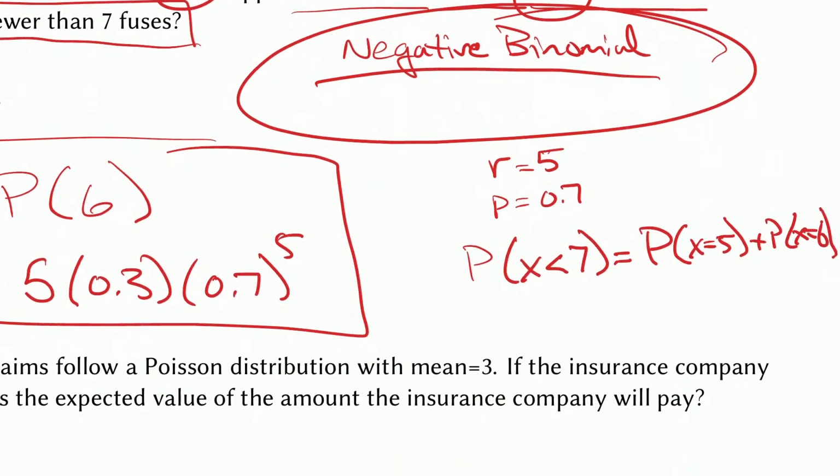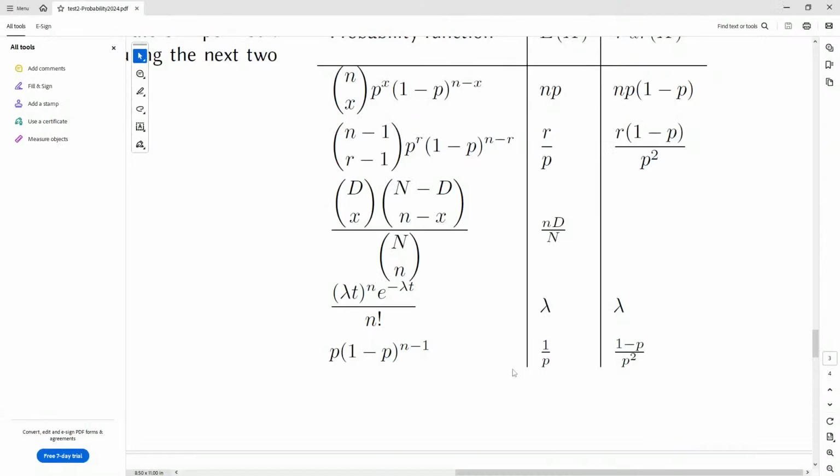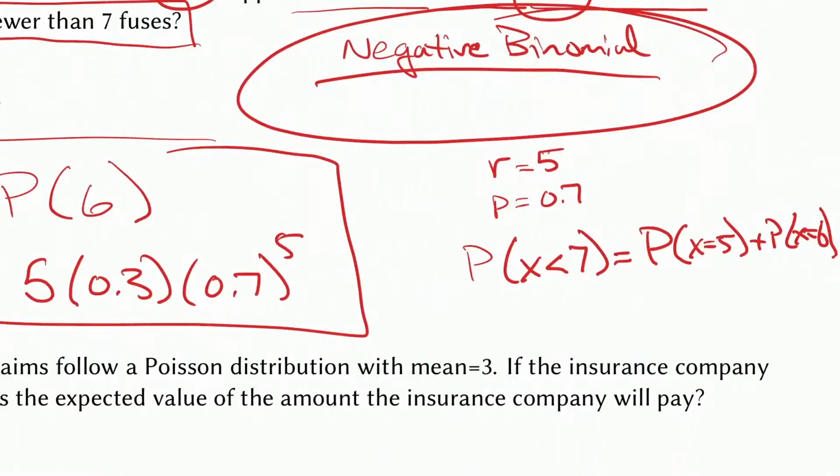So that's what we're working with. Let's go back and get that formula. Here's the negative binomial formula: n minus 1 choose r minus 1, times p to the r, times 1 minus p to the n minus r. So as long as I can keep things straight, here we are.